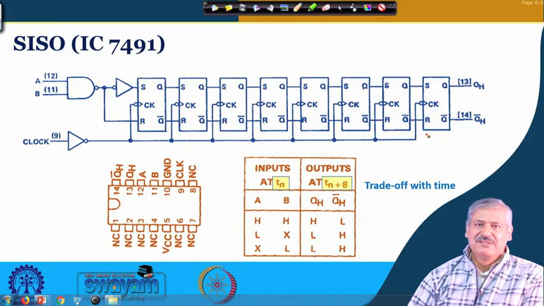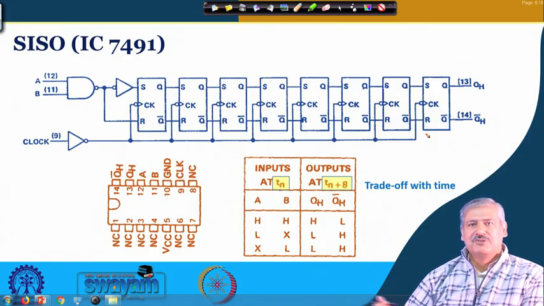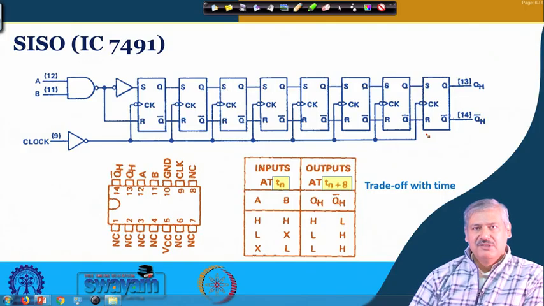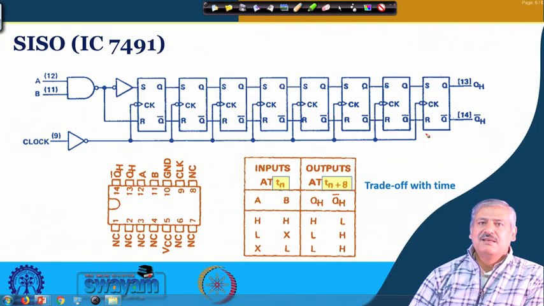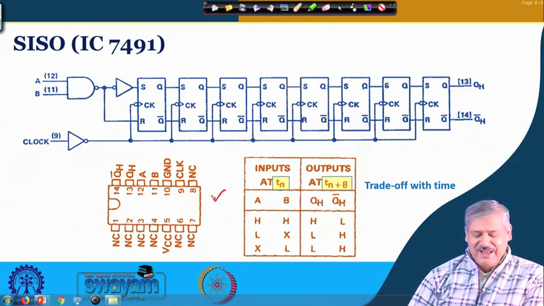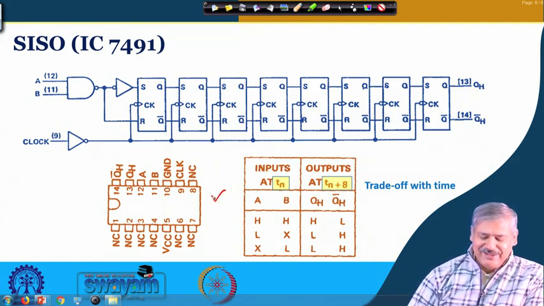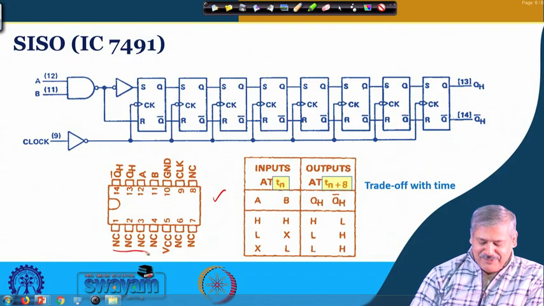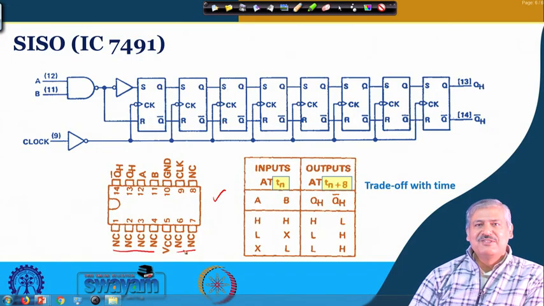Had it been parallel in, parallel out, you can imagine 8 plus 8, 16 pins, and so many other things that we discussed before. But because it is serial in, serial out, a standard 14 pin package is sufficient, and in that also you can see there are many no connections, meaning they are not required. NC stands for no connection.